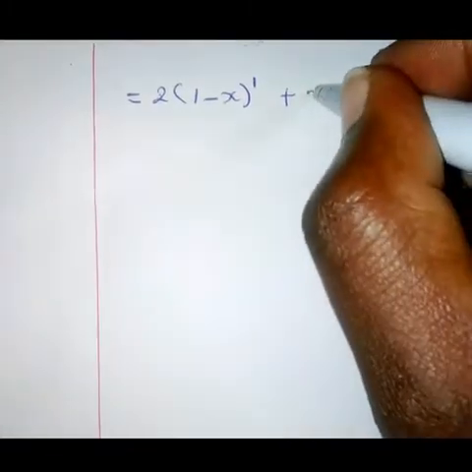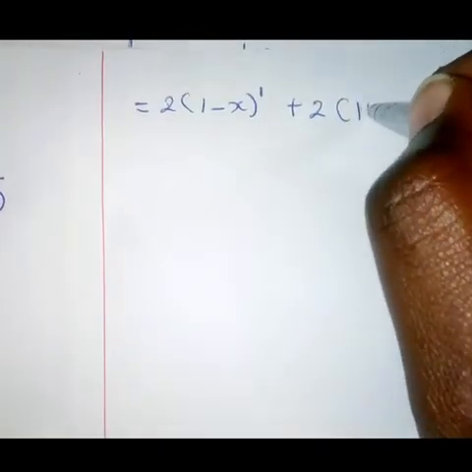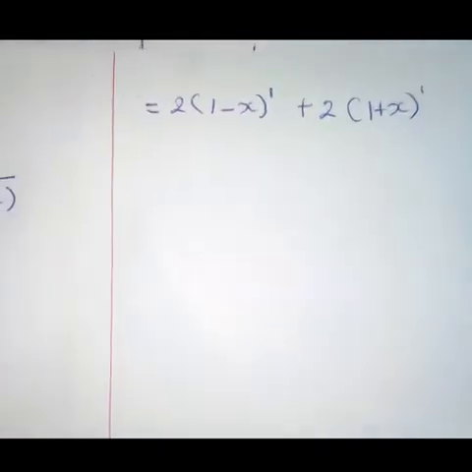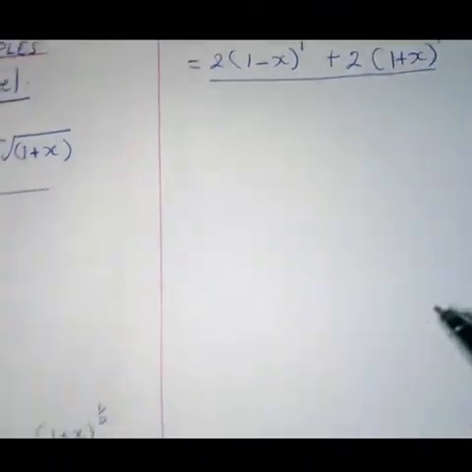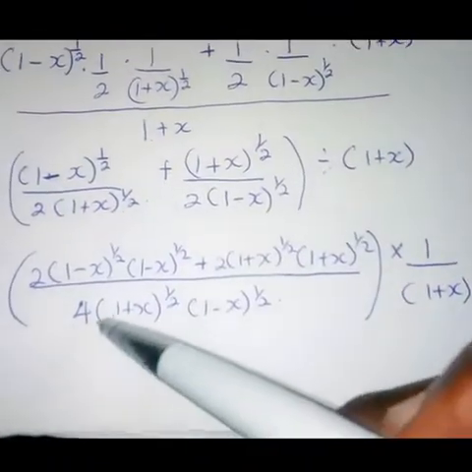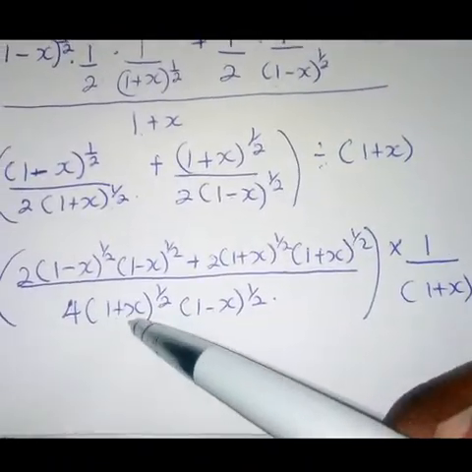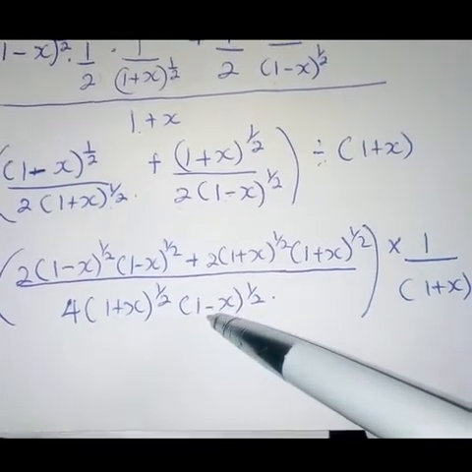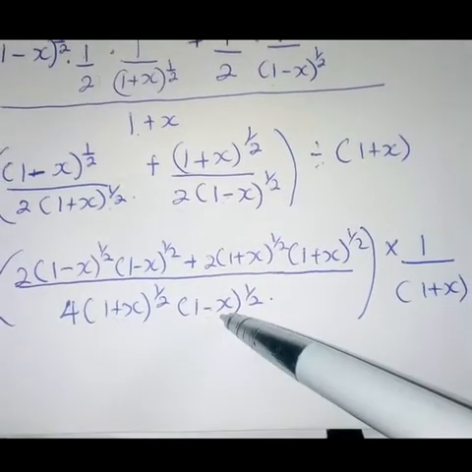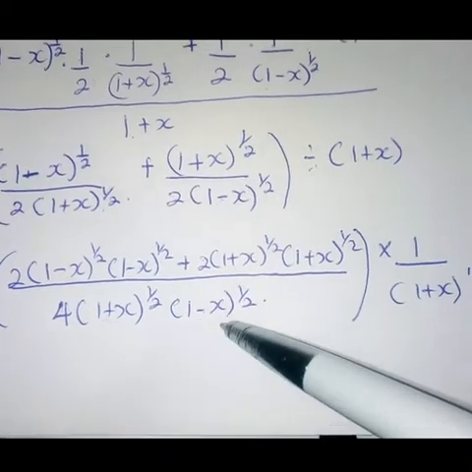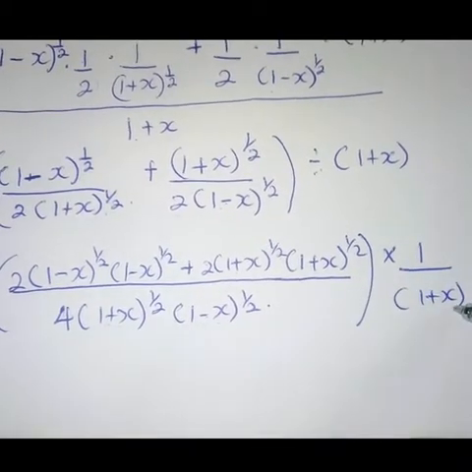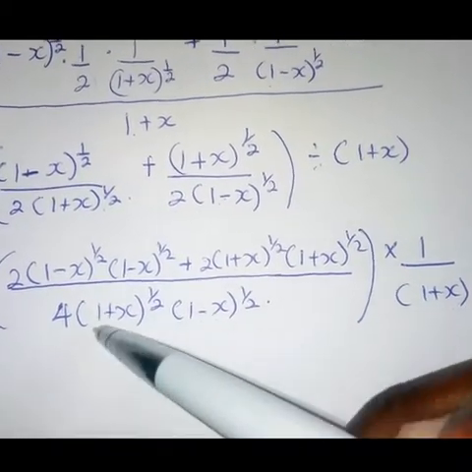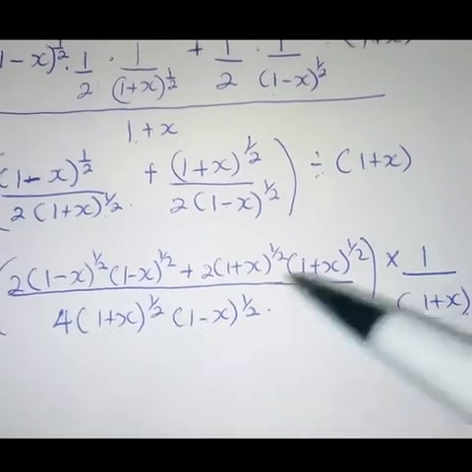Then the 2 stays outside. So we shall write 2 into 1 plus x to the power 1. Now these ones down here will not add the powers simply because this is a plus and then this is a minus, so the bases are not the same. So it's only this one and this one that are sharing the base, meaning that we can add the powers.